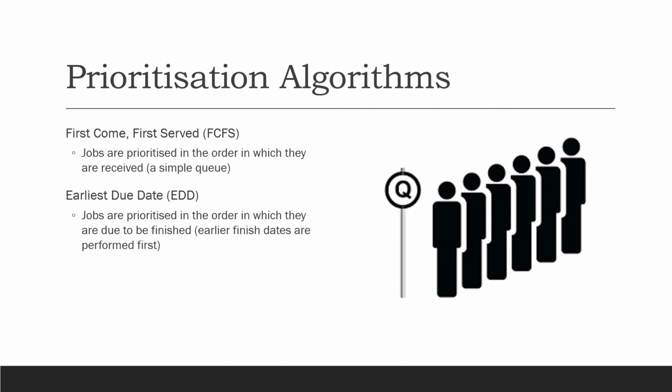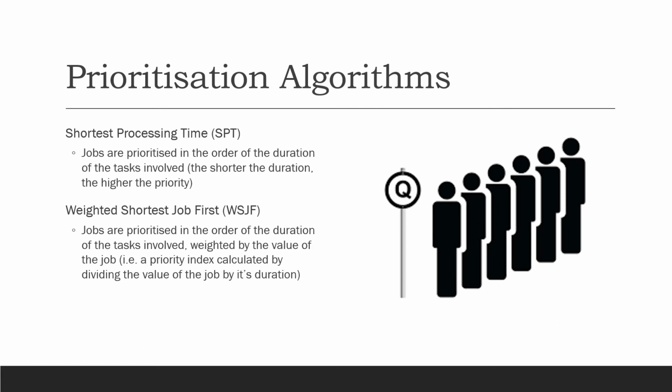There are a number of algorithms that can be used to prioritize the work in the bin at each operation. The simplest is first come, first served, where jobs are prioritized in the order in which they are received into the bin. Earliest due date is a prioritization process that ensures that the jobs with the shortest finish date are performed first.